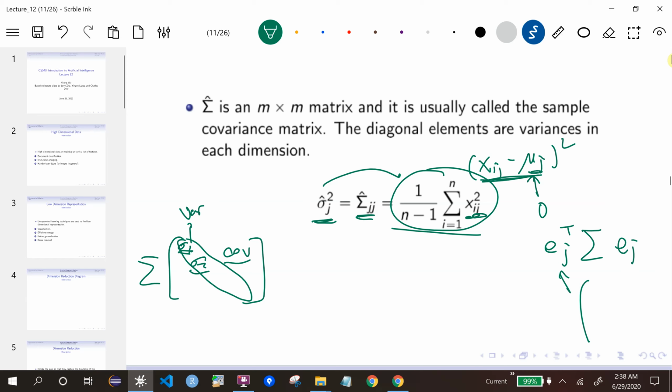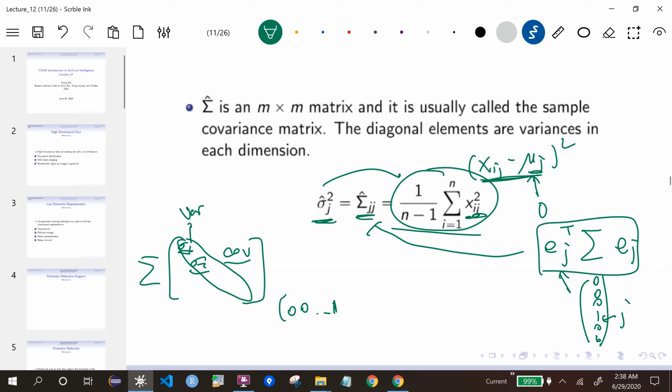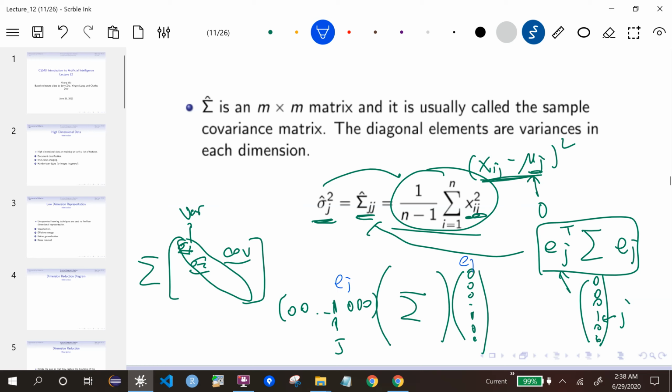So ej here is a vector with all zeros with only one at the j-th position. So let's actually take a look why this thing is equal to the jj element. So first transpose it. So lots of zeros with the j-th element being 1, and then we have our sigma matrix, and then we have lots of zeros with a 1 here. So this is our ej transpose sigma ej.